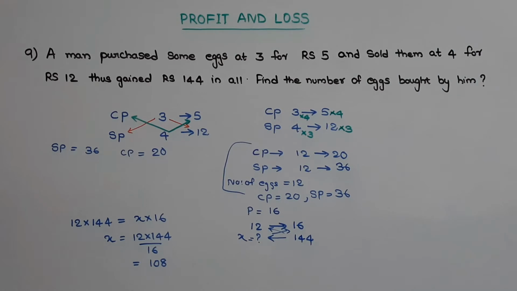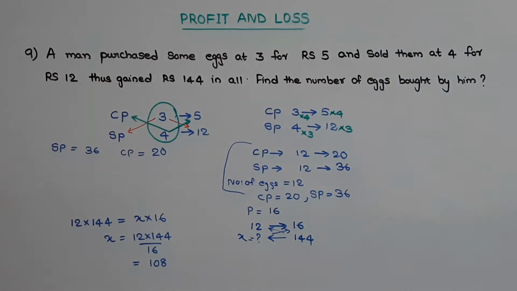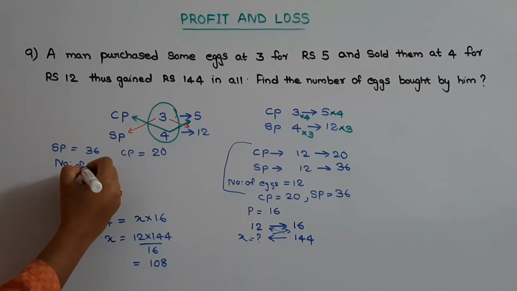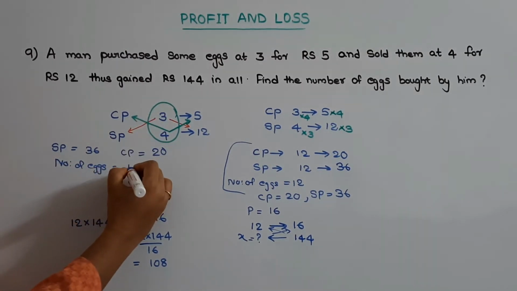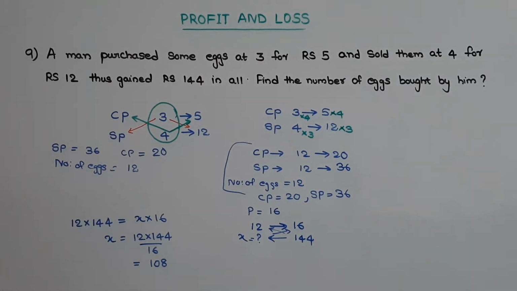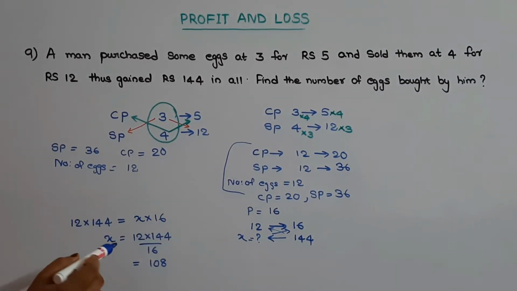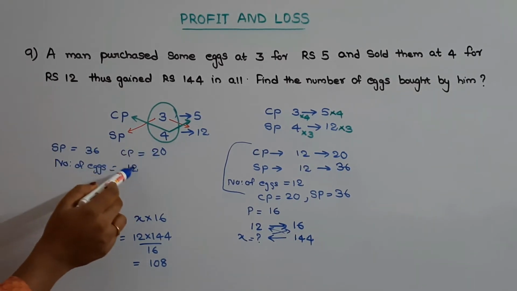Now, in order to get the number of eggs, just multiply this 3 and this 4. So the number of eggs will be 3 into 4, that is 12. Now you can do the same procedure which we have done. Selling price is 36, cost price is 20 for 12 eggs.